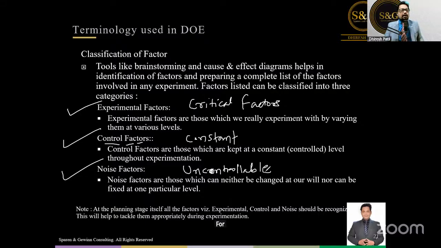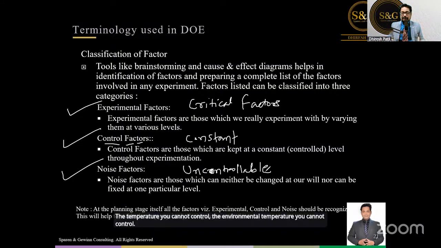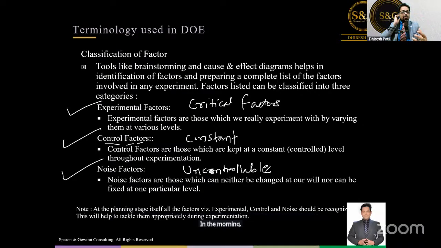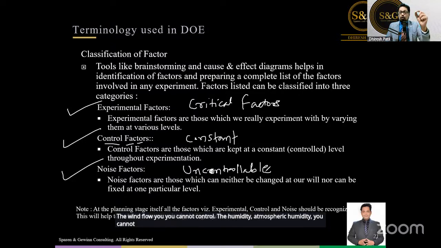For example, if you are doing an experiment in the open environment, you cannot control the environmental temperature. In the morning, the temperature will be less; during the afternoon, it will be very high. The wind flow you cannot control. The atmospheric humidity you cannot control. So these are called noise factors.